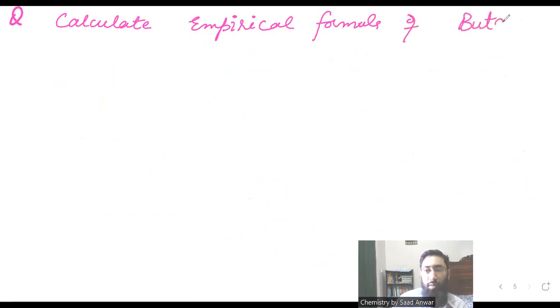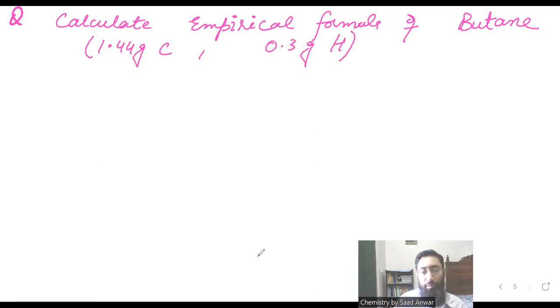Butane is an organic compound, and the data given to me is 1.44 gram carbon, 0.3 gram hydrogen. By using this data, I will find out the empirical formula.